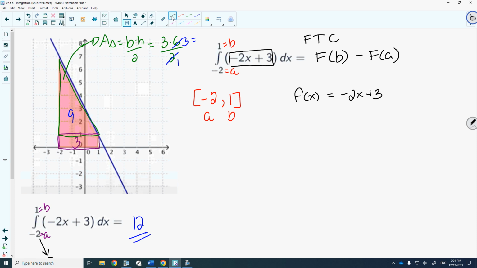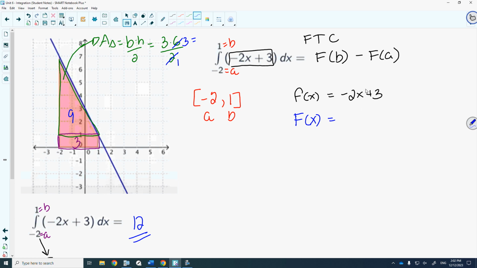Then we figure out what the antiderivative of f of x is. So we have to go back to lesson 1. When we want the antiderivative of f of x, how we're going to write that is big F of x. To do that, we're going to use the reverse power rule. So remember how we do that?